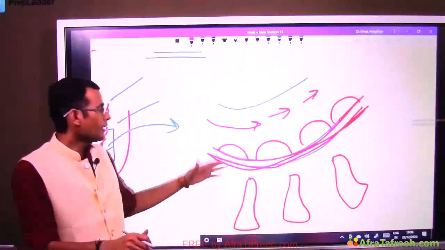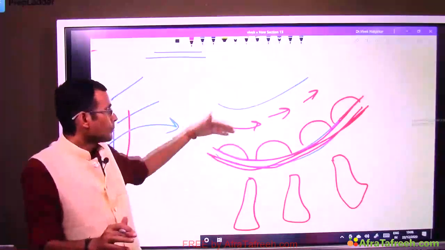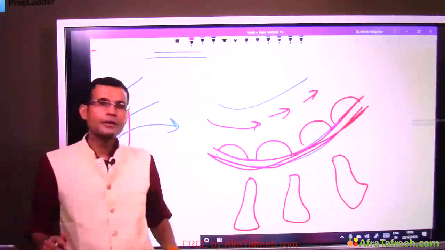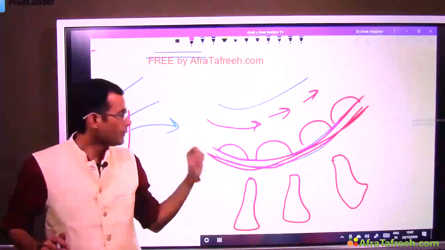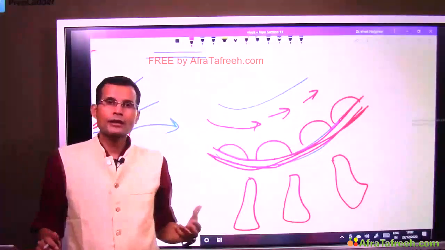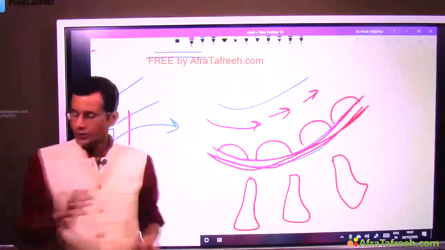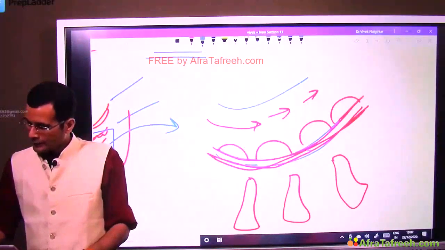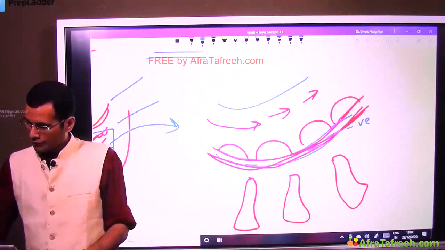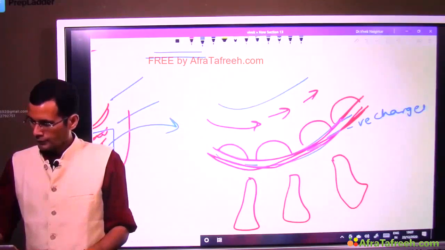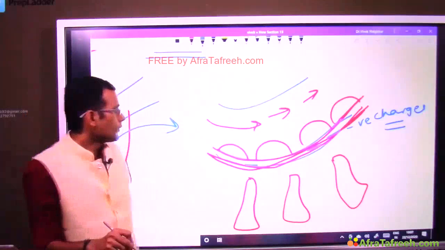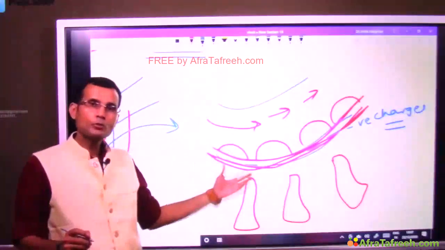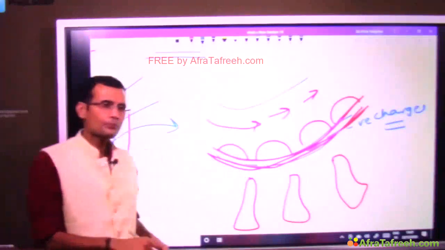Now the filtration will start, but there is a barrier. Endothelial cell, the basement membrane. Let me add, the basement membrane and that glycocalyx has negative charges. So please keep this in mind. The basement membrane has the negative charges, right? And then outside that there will be those podocytes with their foot processes.